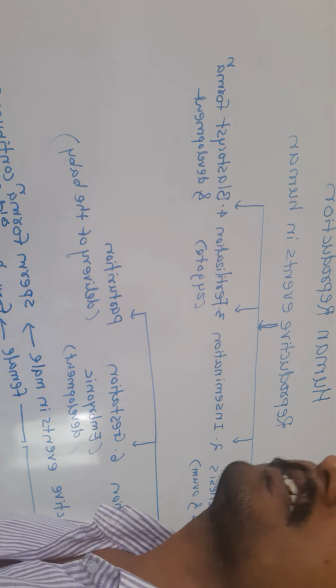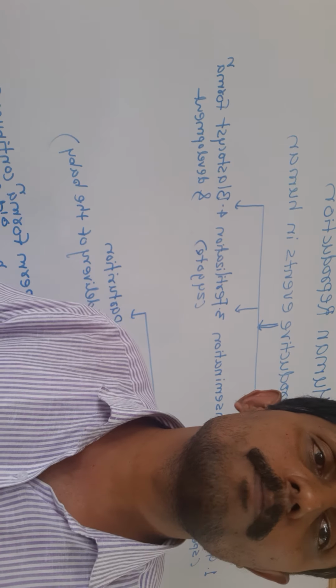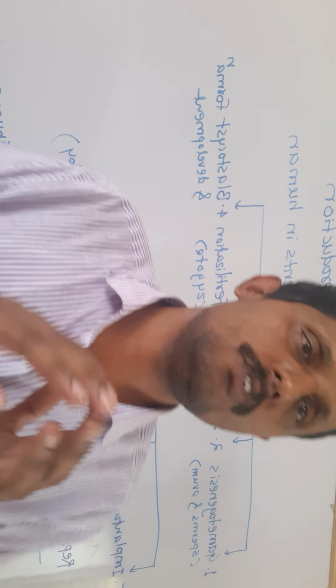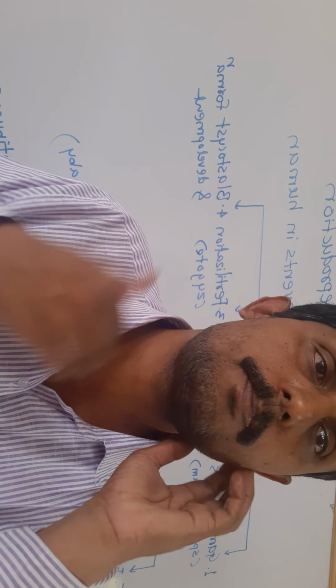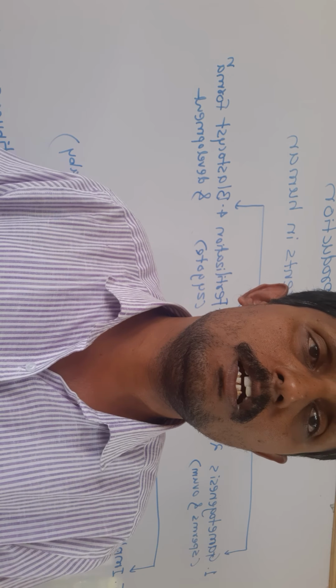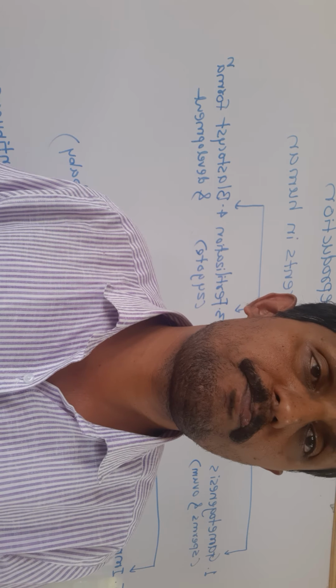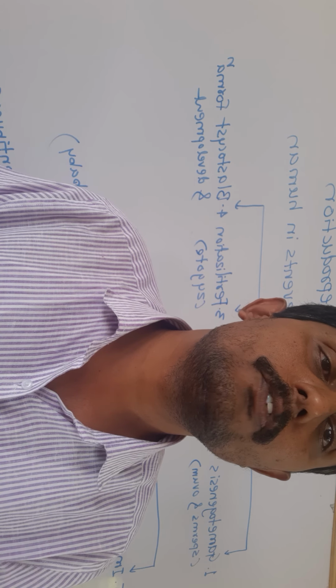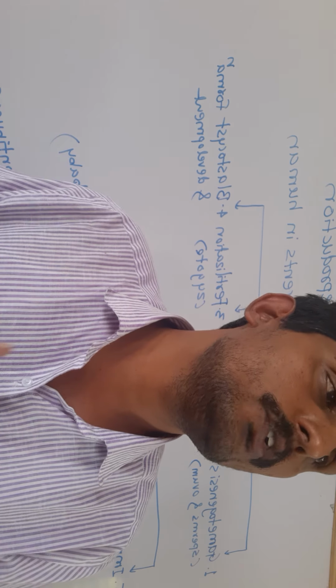And last, in humans, after 9 months of gestation, the completely developed fetus is expelled out of the uterus by the process called parturition, which is the last step. This is the actual birth, the delivery of the baby.